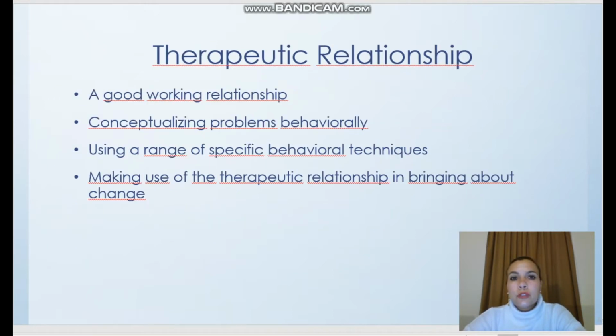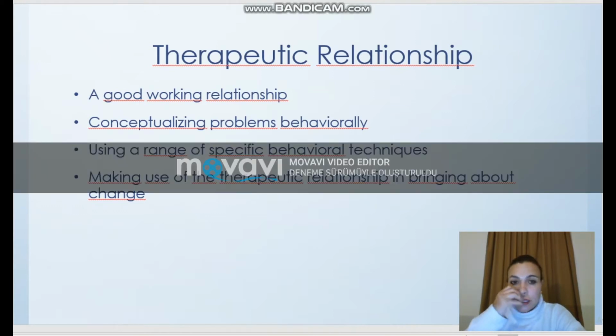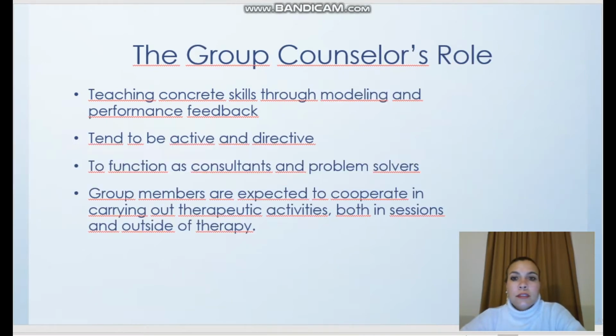There should be a good working relationship between the therapist and the group members. Actually, all the problems should be conceptualized behaviorally, clearly, specifically. The group counselor's role in behavior therapy is to teach concrete skills through modeling and performance feedback.